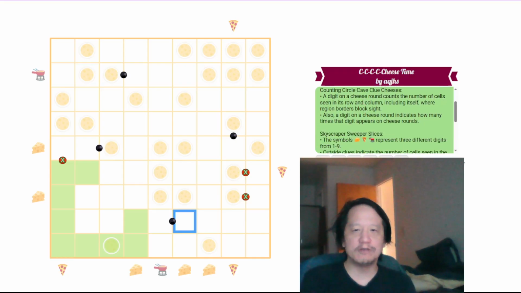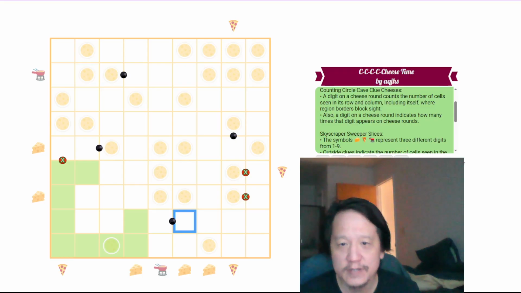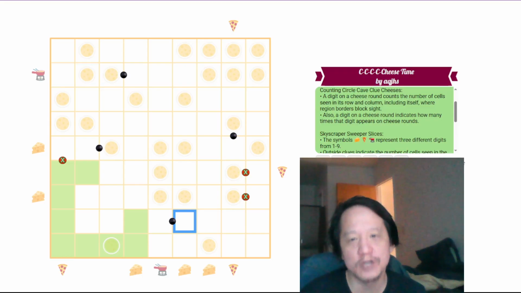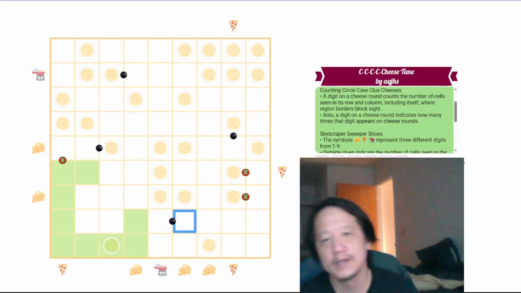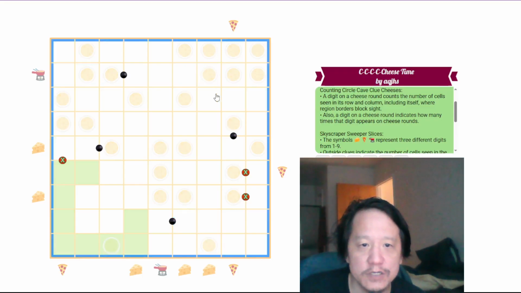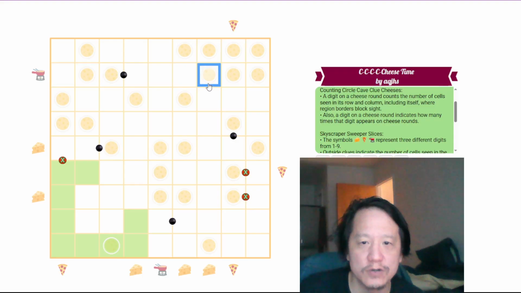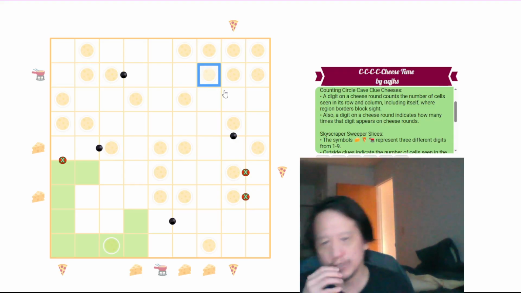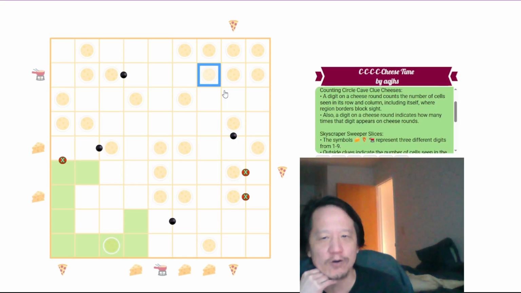We have counting circle cave clue cheeses, which is why this is the CCCC cheese time. A digit on a cheese, which are these circles here, on a cheese round, a round cheese? You mean a rounded cheese?